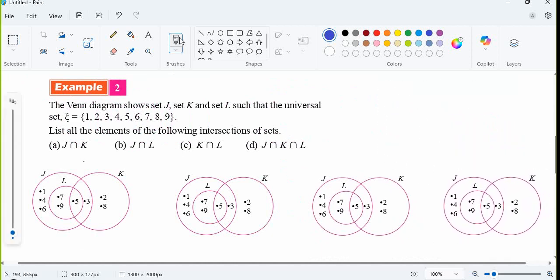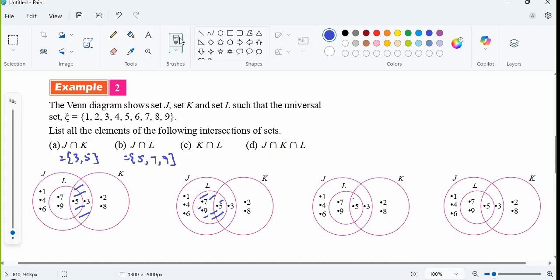The first one, J intersect with K. J and K, their intersection will be here, so it will be 3 and 5. J and L is here, so this will be 5, 7, 9.